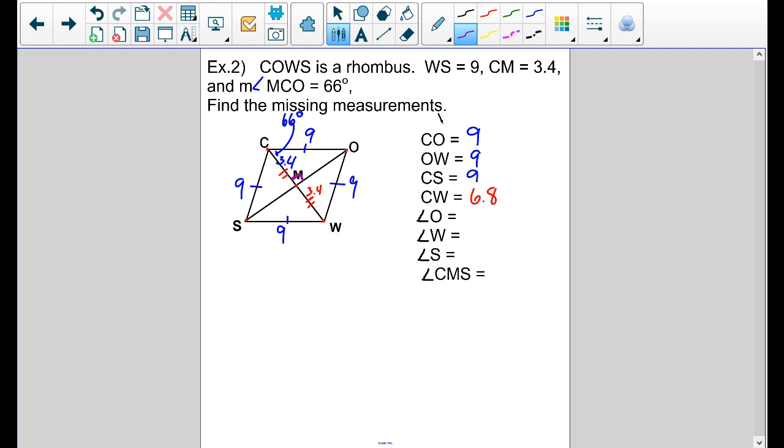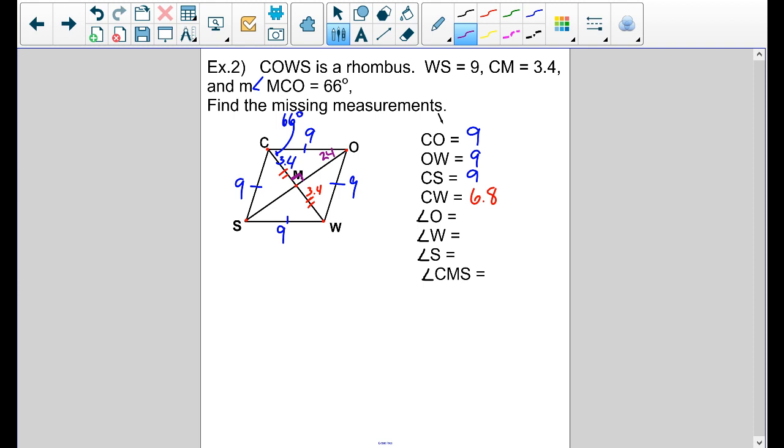So if this angle is 66, the middle's 90, what's the top angle over here by O? We have a 90, we have a 66, and then the third angle would be what? 24. So remember, triangles add up to 180, right? So 180 minus 90 is 90. Minus 66 leaves me with 24. So this top angle over here is 24.